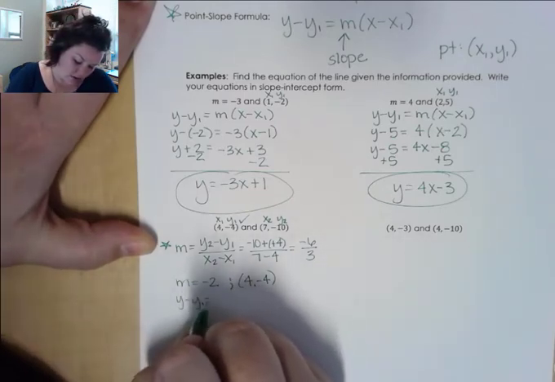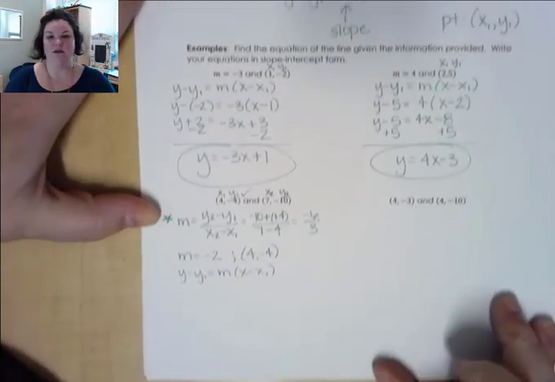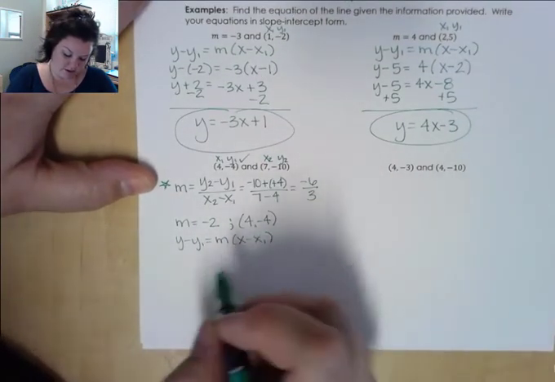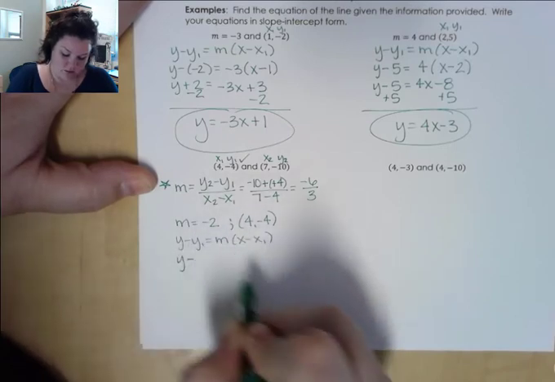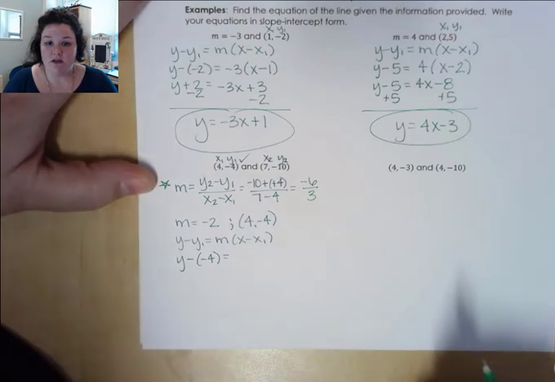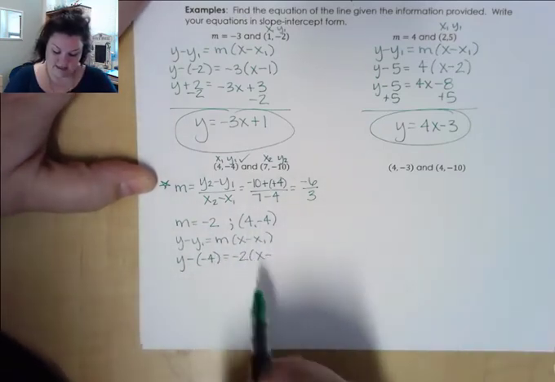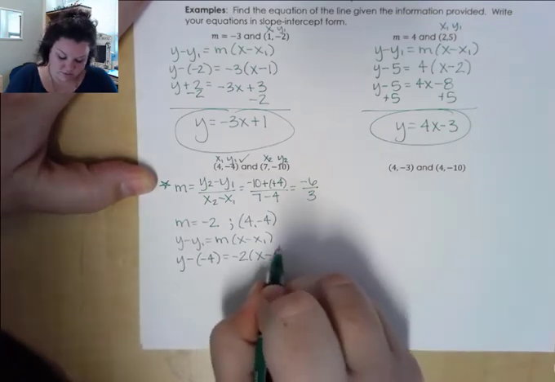y minus y1 is equal to m times x minus x1. Okay, so now that I have those, plugging them in, y minus the y that I chose, which was negative 4, is equal to the slope that we just figured out, negative 2, times x minus the x that I chose, which was 4.